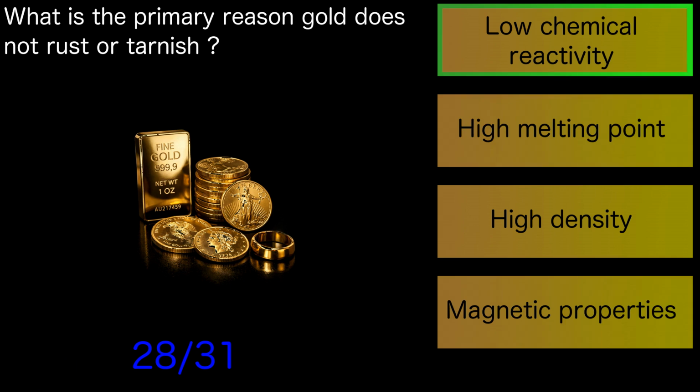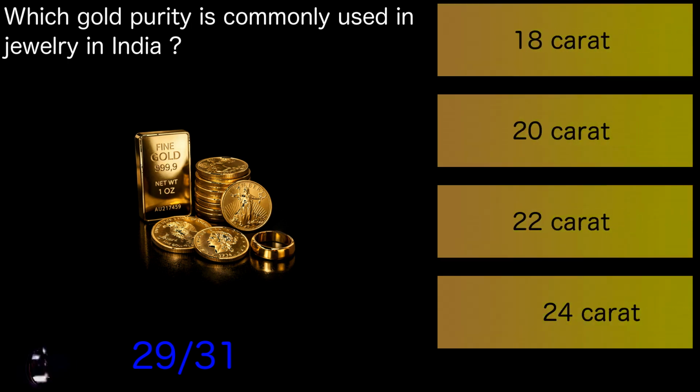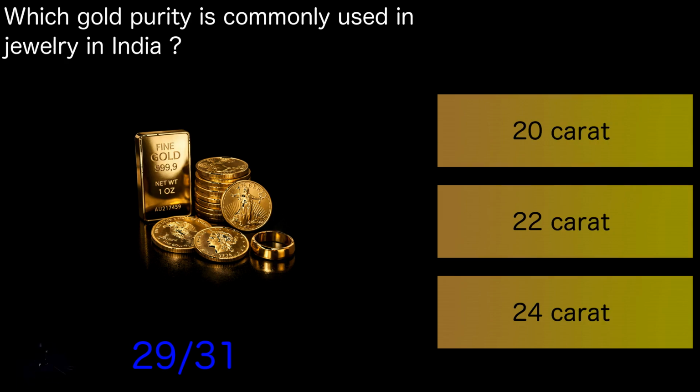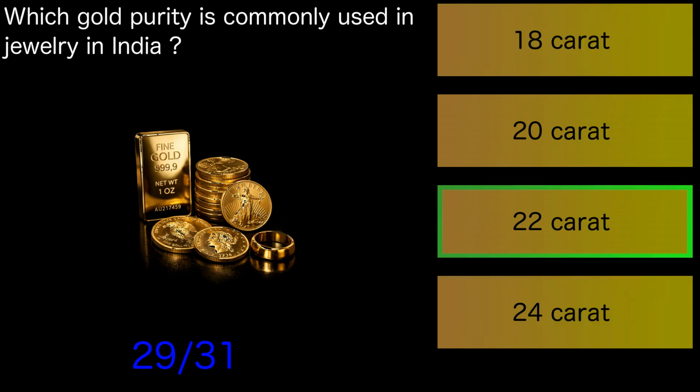Low chemical reactivity. Which gold purity is commonly used in jewelry in India? 22 carat.